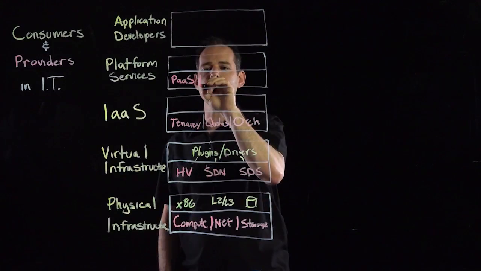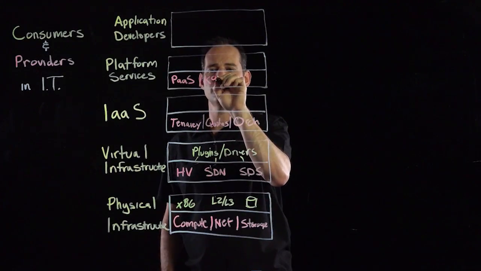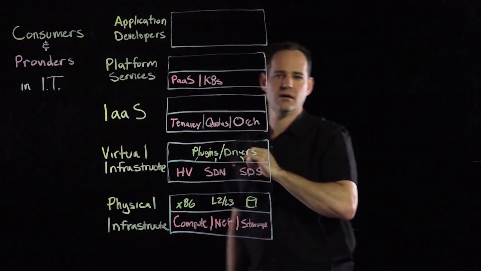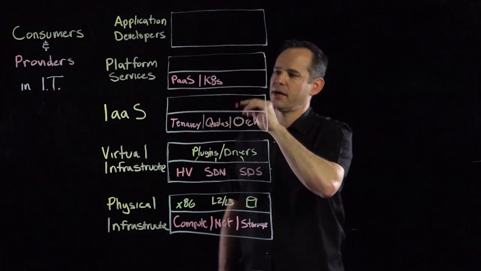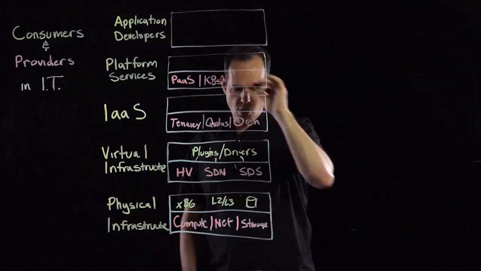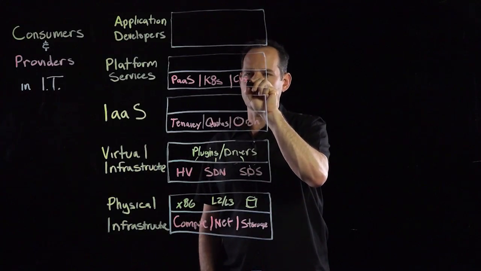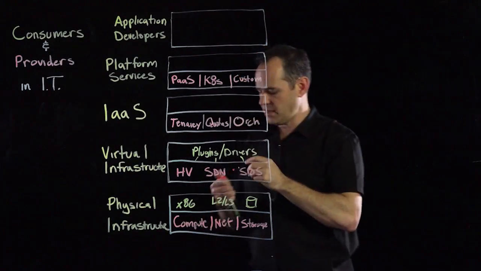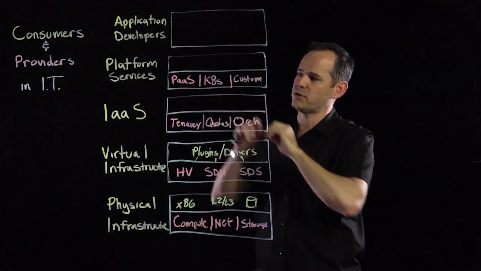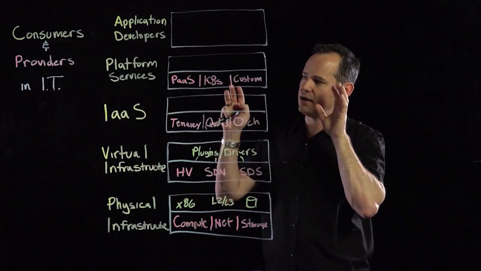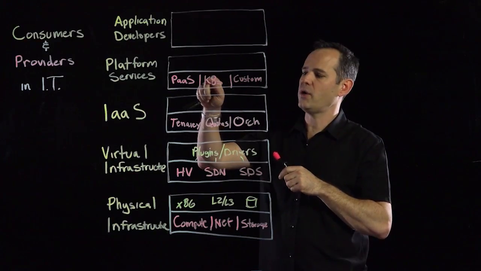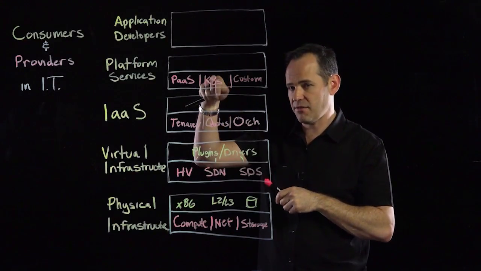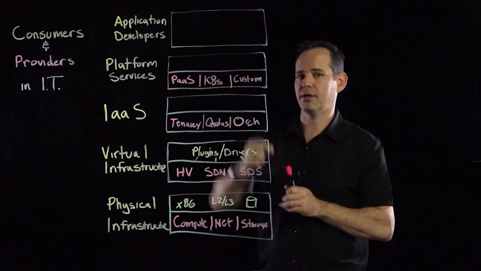It could be that, or it could be something as simple as a Kubernetes based technology where they're going to offer their application developers something. Or it could be something completely custom that they develop. The platform services team is a highly generic term used for a lot of different ways to abstract the complexity of infrastructure to the application developers.